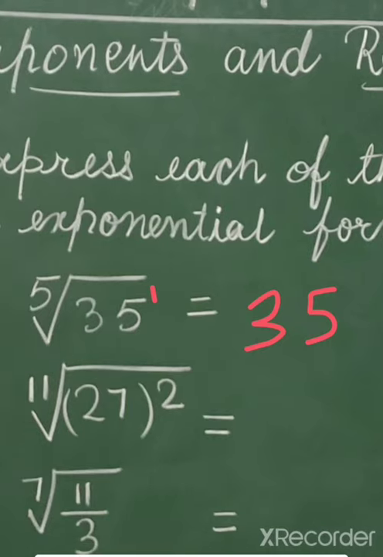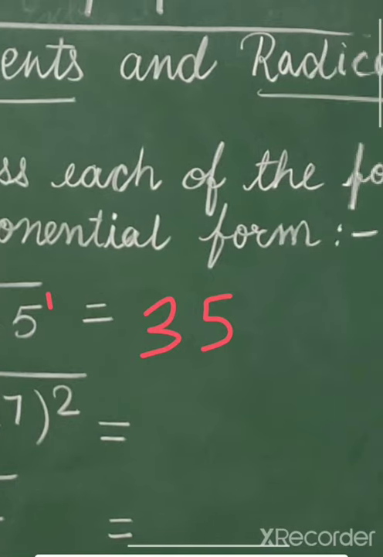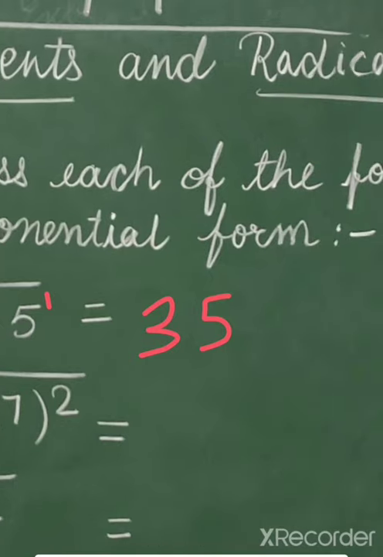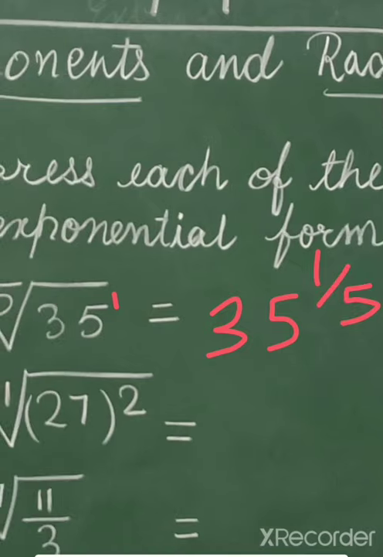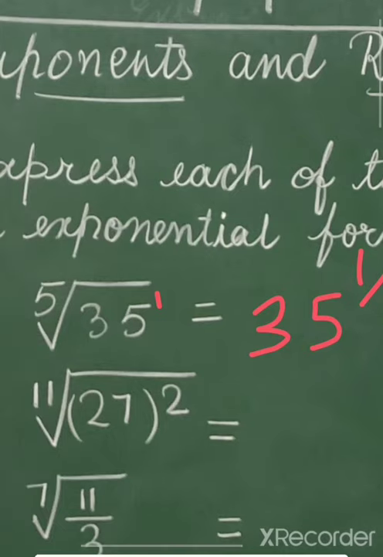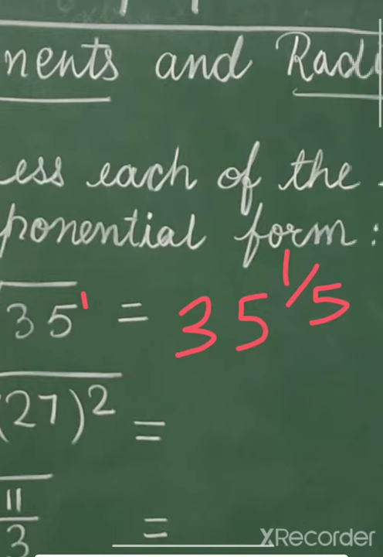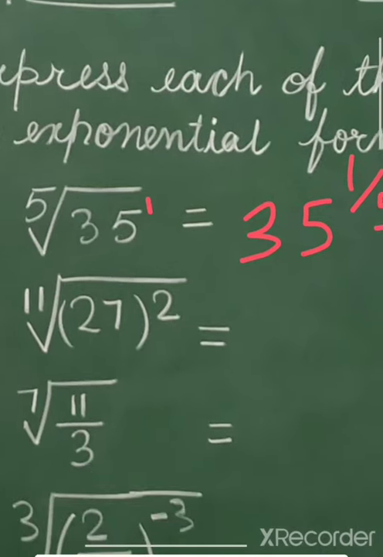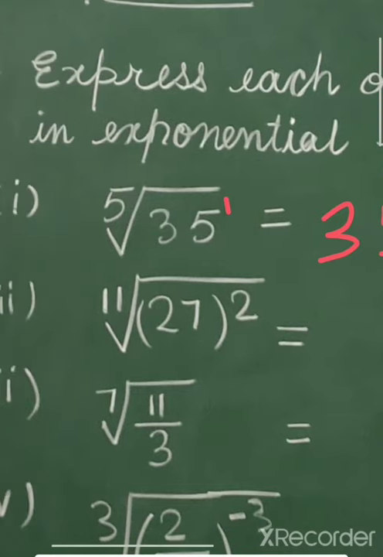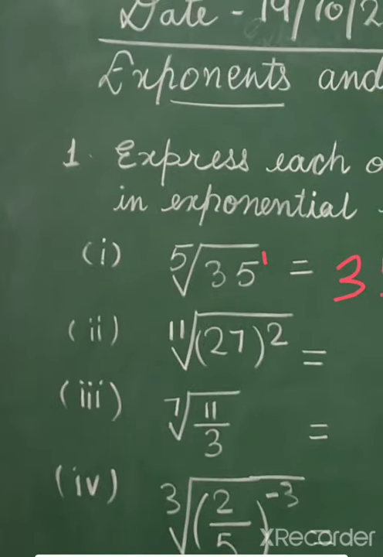So this will be 35 to the power 1 upon 5. We know that radical comes in denominator and power comes in numerator. So this 1 will be the numerator and this 5 will be the denominator: 35 to the power 1 by 5.